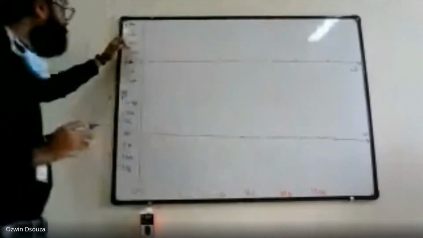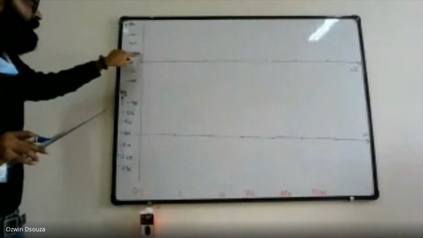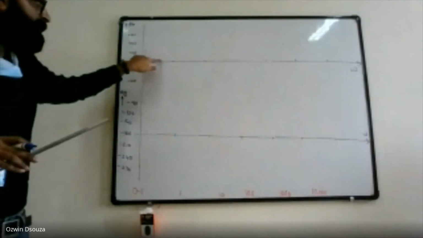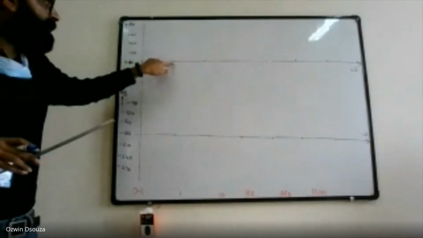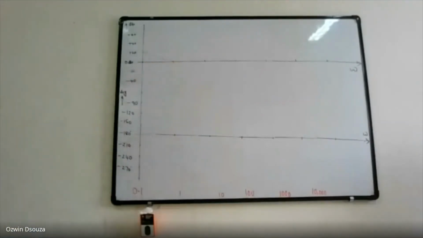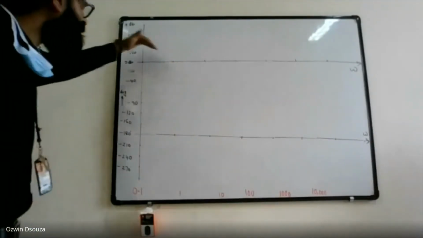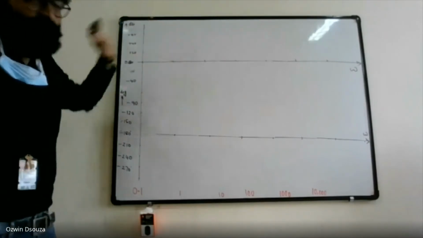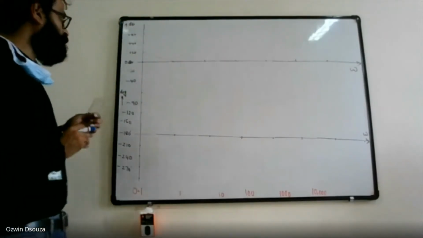What do I get? My gain is 20 over here, and it is reducing. And finally, at this decade, it is becoming 0. That is called a negative slope, because the magnitude keeps on falling.